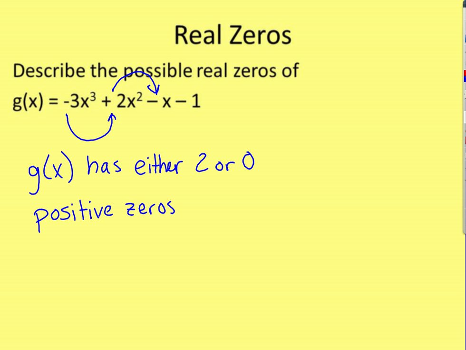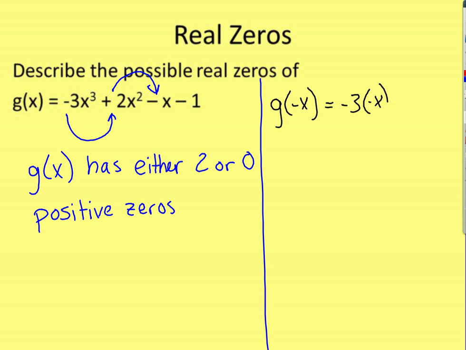Now we're going to find f of negative x. So we're going to plug in a negative x for each x, and then we're going to check the change of signs. Now if we have negative x cubed, that's still negative x cubed, and -3 times negative x cubed gives me a positive 3x cubed.